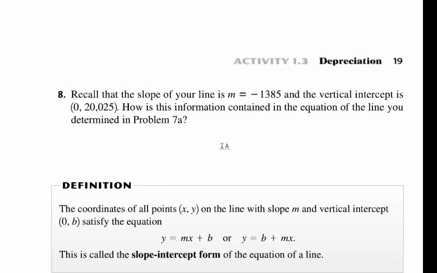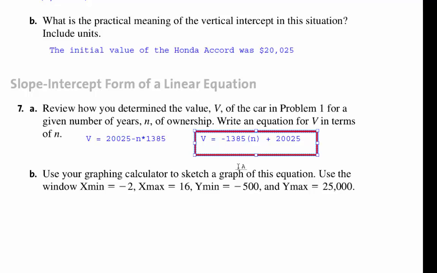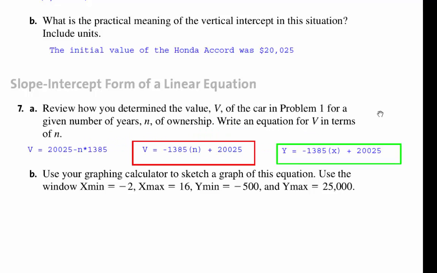So first we take a look at problem 7a, and you see that we have this v equals negative 1,385n plus 20,025. And I actually rewrote the equation using y and x instead of v and n. So instead of v equals negative 1385n plus 20,025, I wrote y equals negative 1385x plus 20,025.